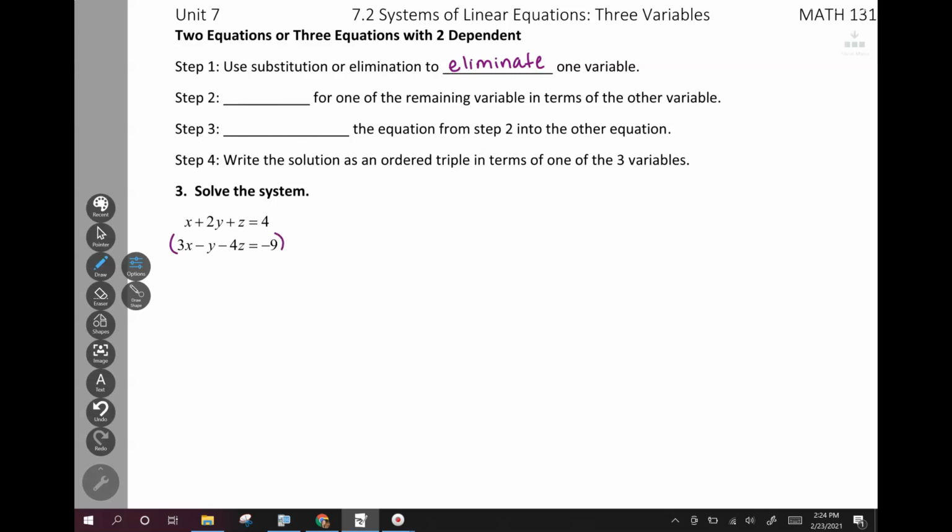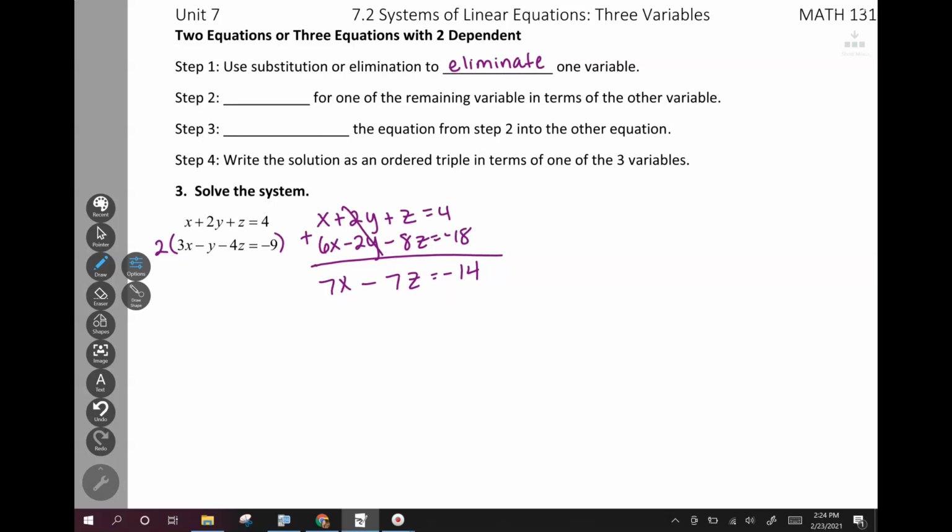I'm going to multiply the second one by 2 to get rid of the y there. All right, so then I can add those 2 equations together. I get 7x, my y's cancel, minus 7z equals negative 14. All right, so I've done step 1. I eliminated 1 variable. I eliminated the y.